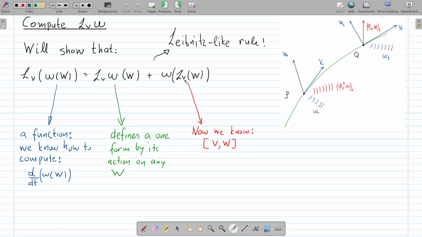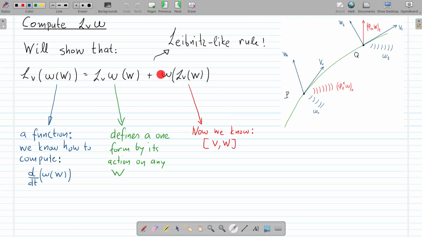And we have already seen that this relation is useful for computing the Lie derivative of omega, because the left-hand side involves the Lie derivative of a function, which we know how to compute.